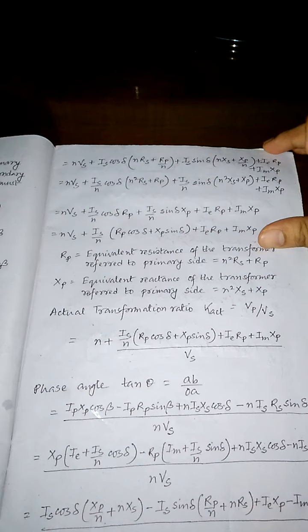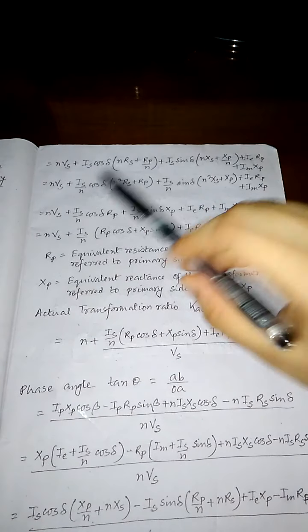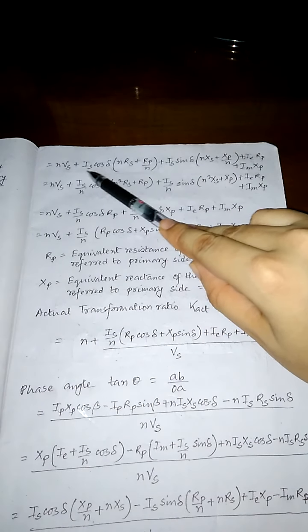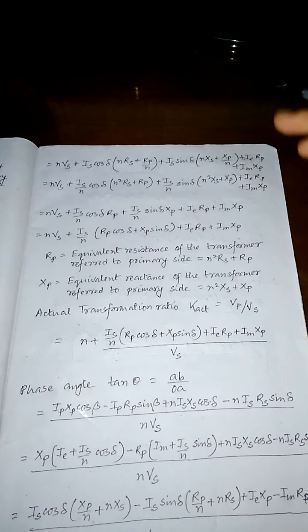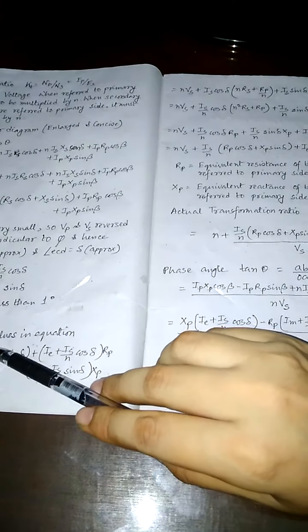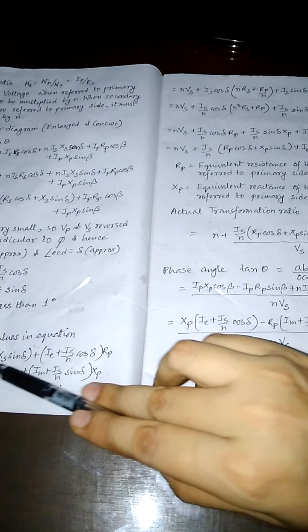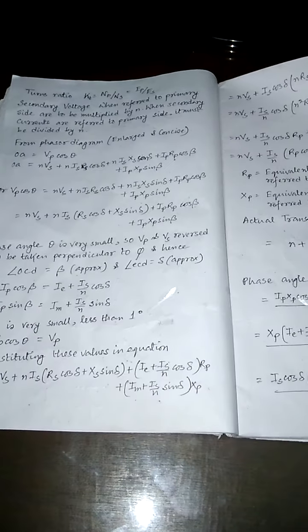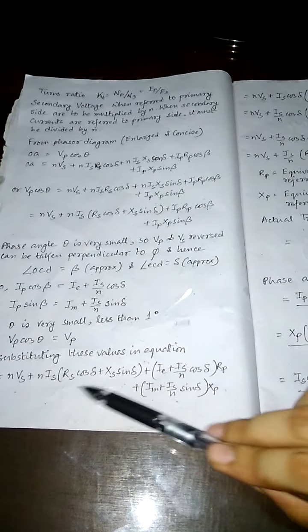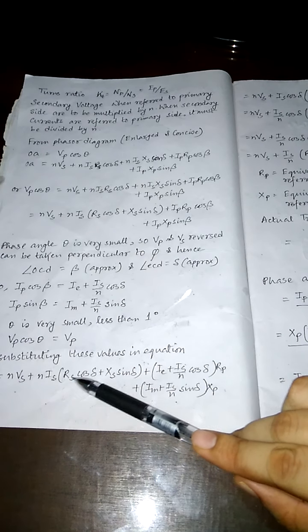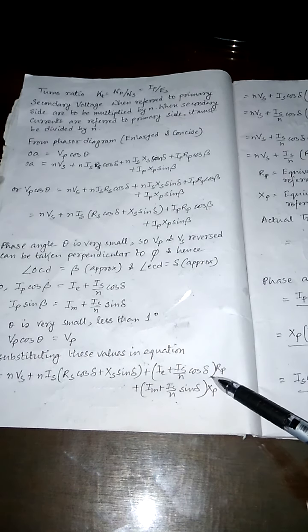Now again we are going to do some formulations, that is NVS. So we are considering this term. Now see, we are going to take common the IS cos sigma value, as there is IS cos sigma, this is also IS cos sigma.